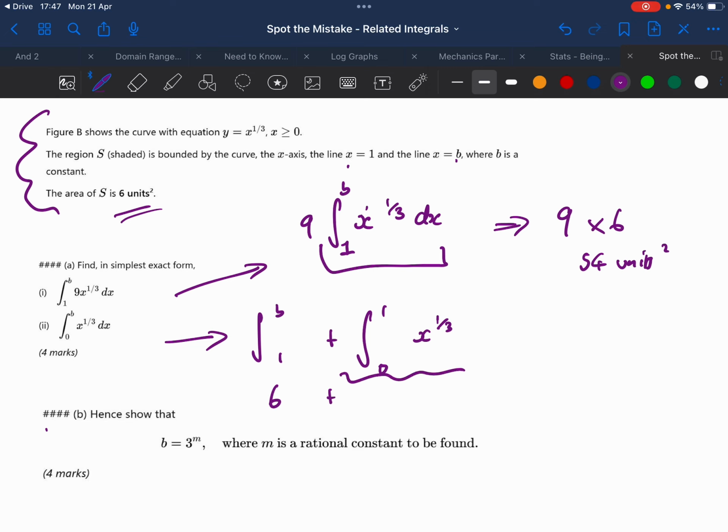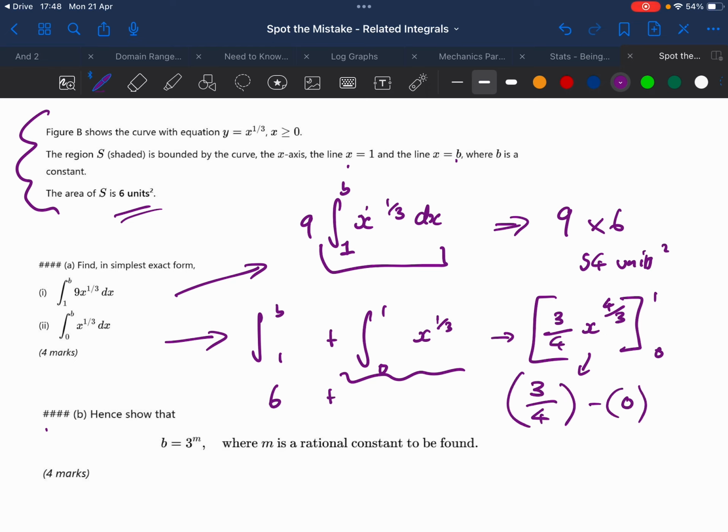Okay, this one here is going to just become 3/4 x to the 4/3. And when you put 1 and 0 into that one, oh no, sorry, it's going to have a 3/4, isn't it? So it's going to have a 3/4 take away a 0.